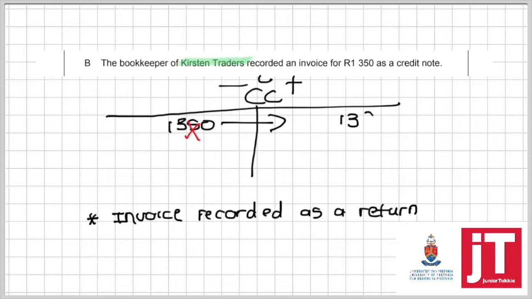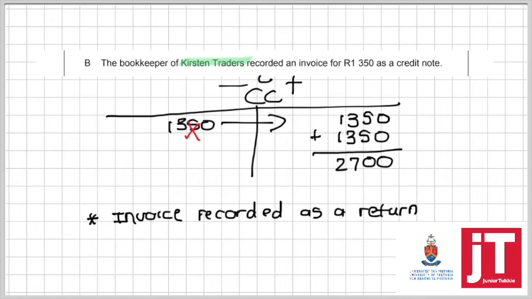And to take it out means that we need to credit the creditor's control account. But by taking it out, we have only cancelled the transaction. We still need to show that we have bought on credit for $1,350. Again, can you see the importance of understanding what goes where? An invoice means that we owe money to our supplier, which means our debt will increase on the credit side. So when we're correcting this, we need to double the amount.